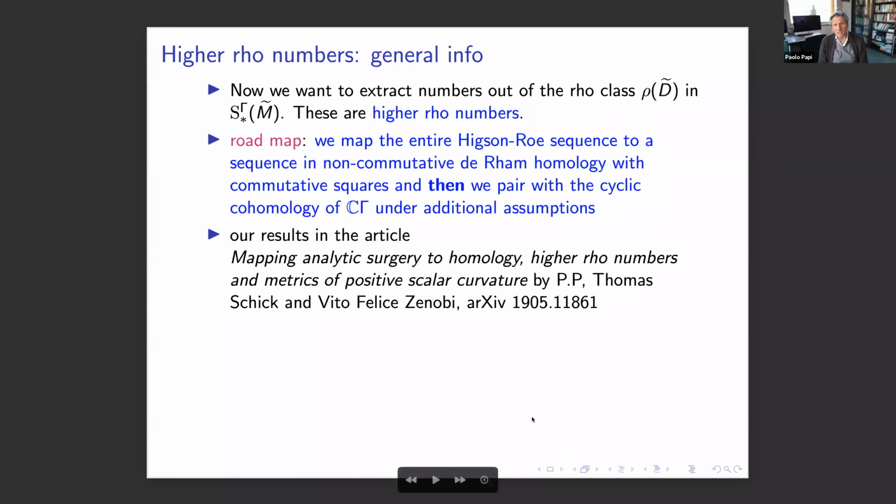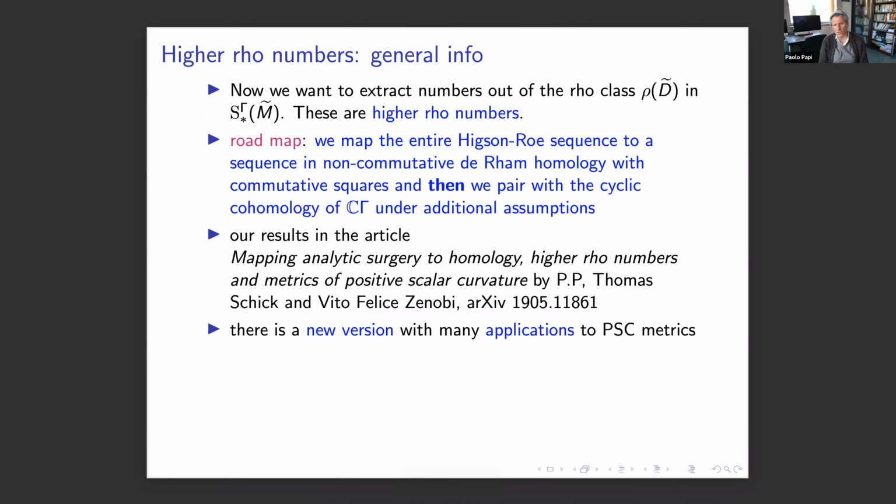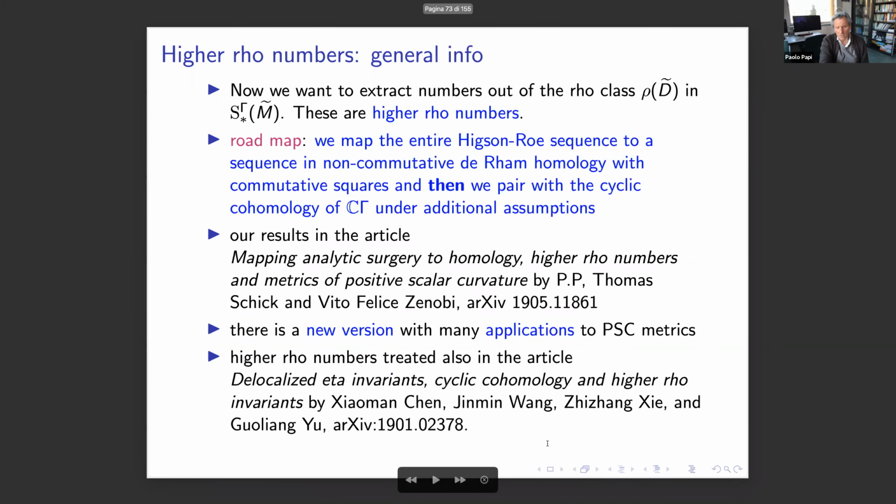So these results are contained in this paper with Thomas Schick and Vito Felice Zenobi. Let me point out that there is a new version of this paper where we have added a lot of geometric applications. And I should also mention that there is another paper on the subject by Chen, Wang, Xie, and Yu.